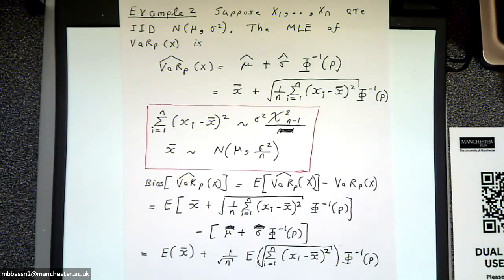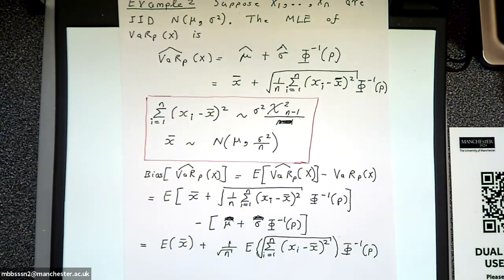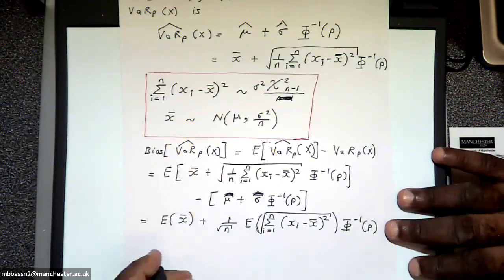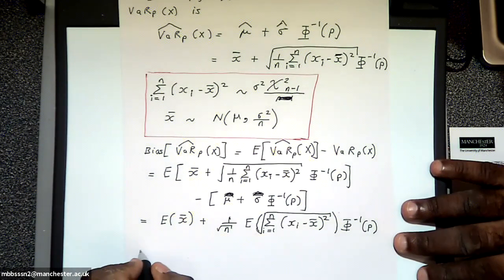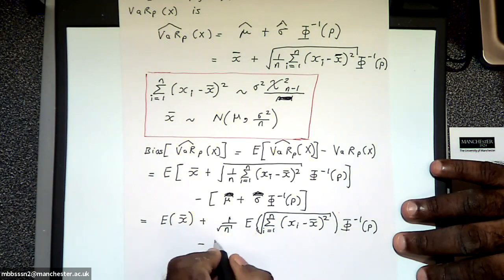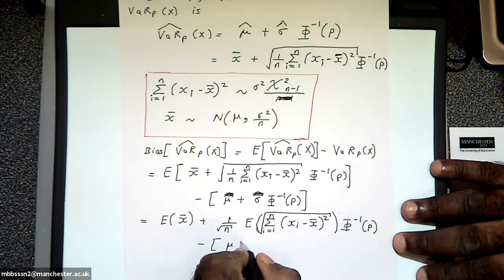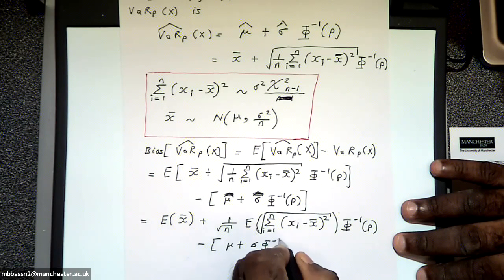Like this. Okay, are you guys with me or what? I know I'm running out of time. So the expectation of x bar from this fact is equal to mu, excuse me, I need to finish quickly.